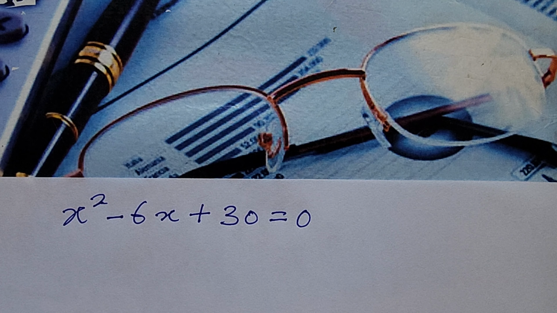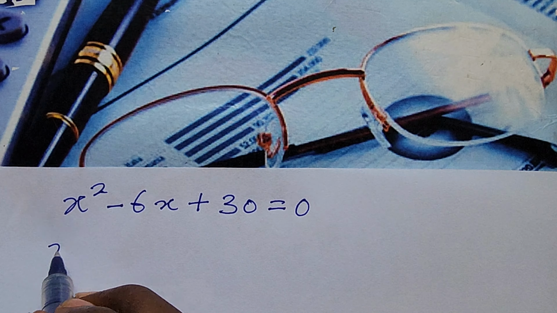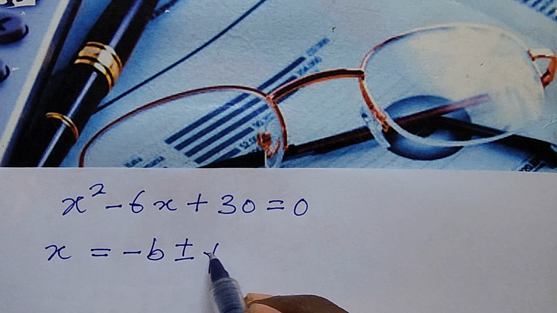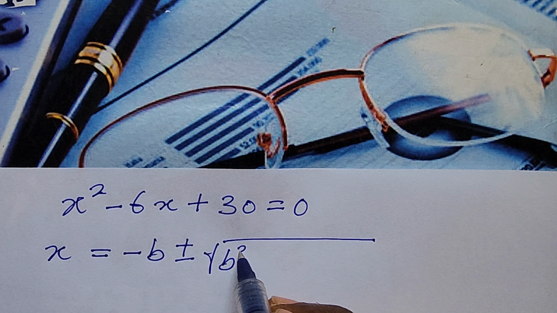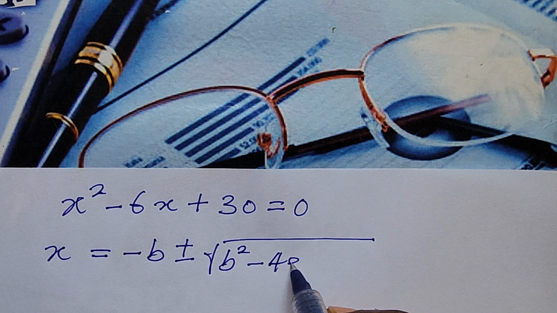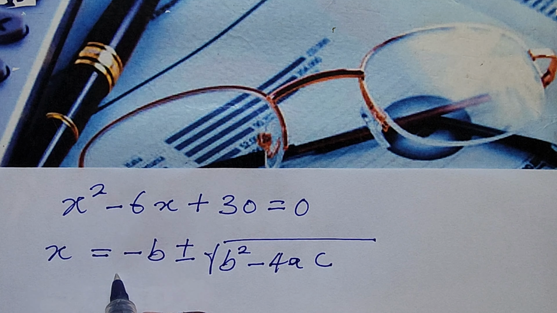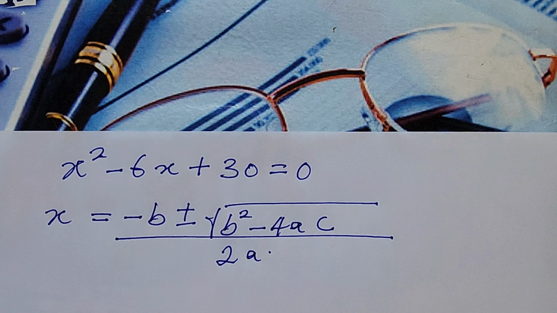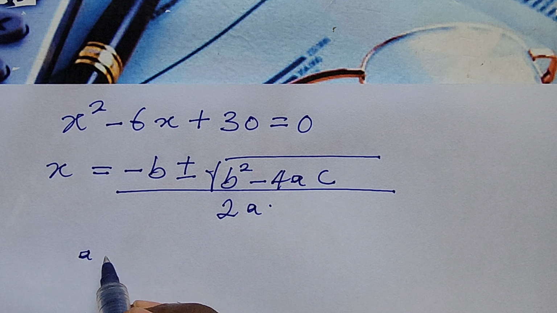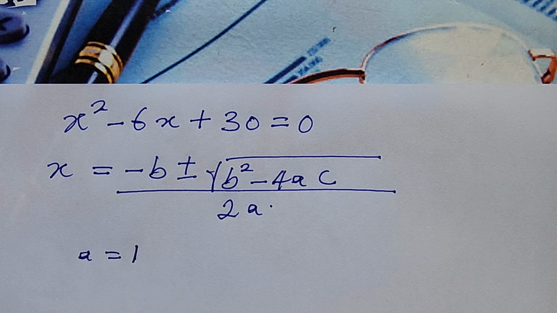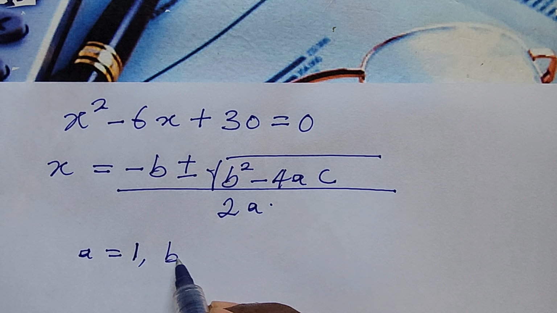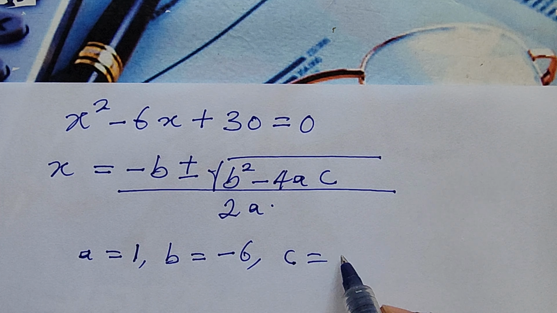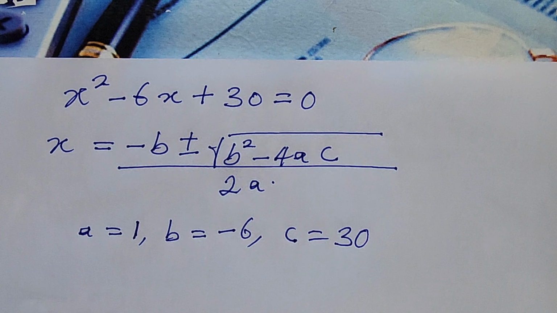Using the formula method, x is equal to minus b plus or minus the square root of b squared minus 4ac, everything all over 2a. Then we bring out the values: a is the coefficient of x squared, which is 1. b is equal to minus 6, and c is the constant term, which is positive 30.